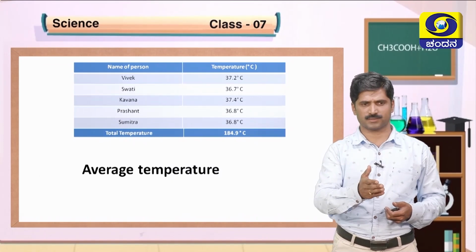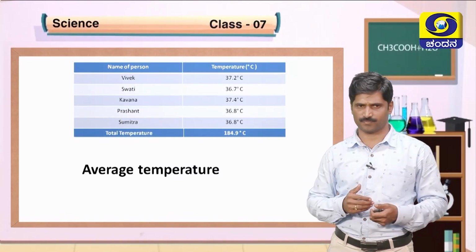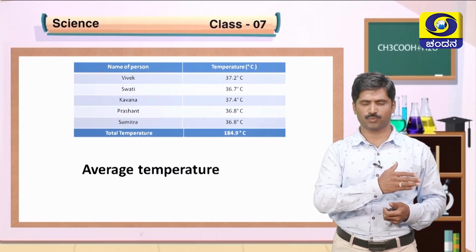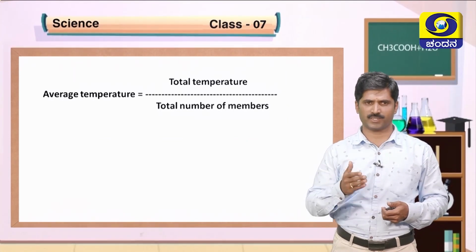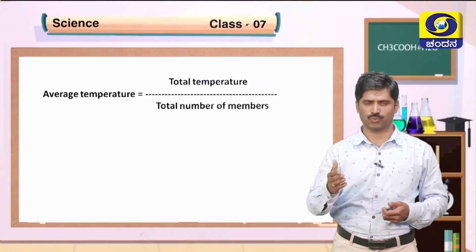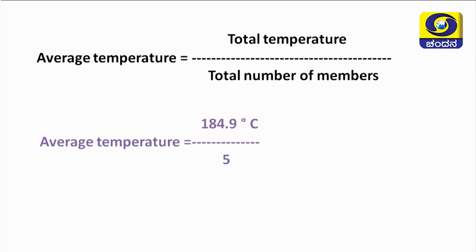In lower classes, you come to know how to calculate the average. So, average temperature is equal to total temperature divided by total number of members, that is, average temperature equals 184.9 degrees Celsius divided by 5 members.